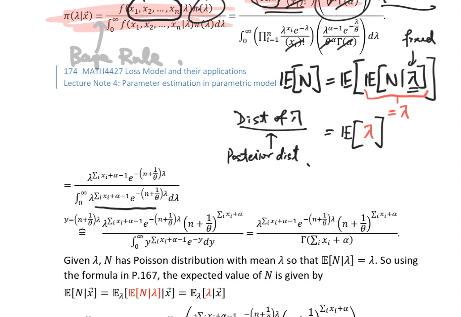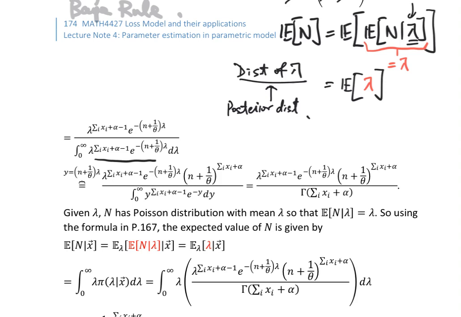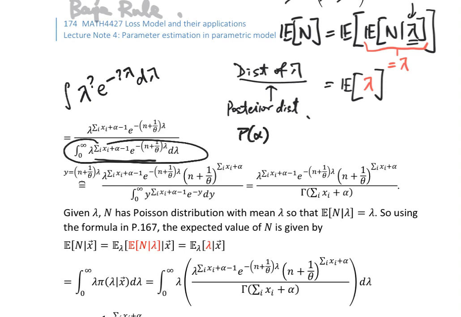The next question is how would you evaluate the denominator? Again this integral is something like lambda to the power of something, times exponential of minus some constant times lambda.